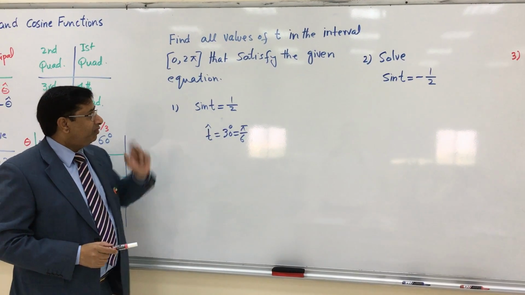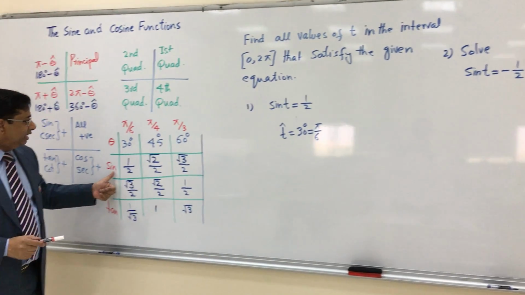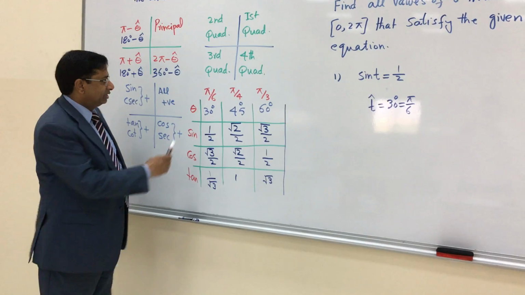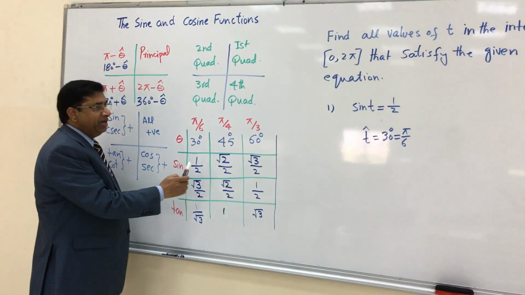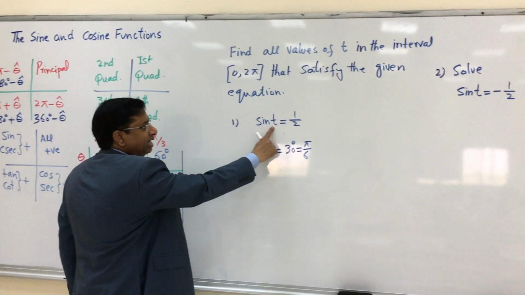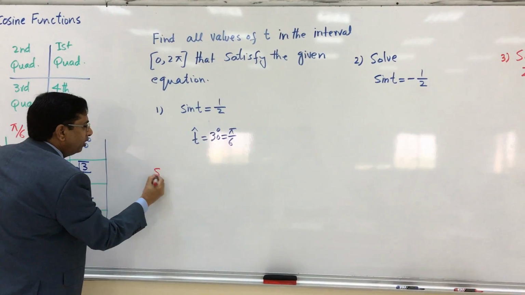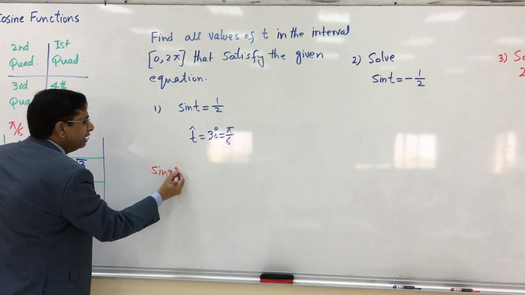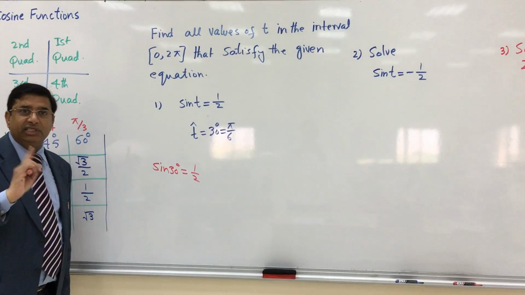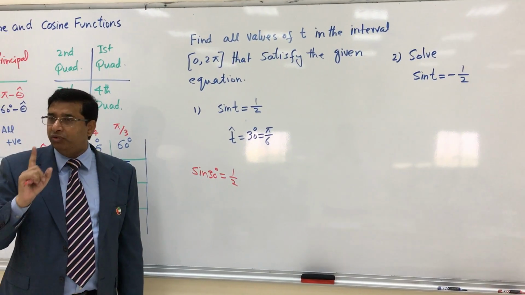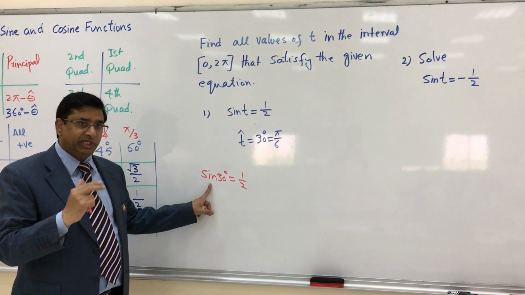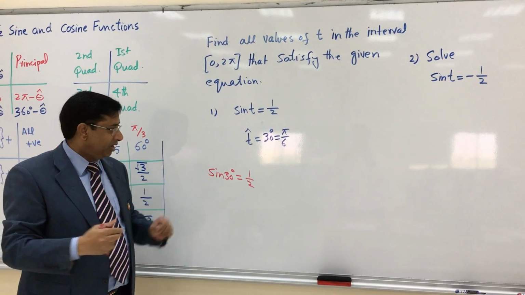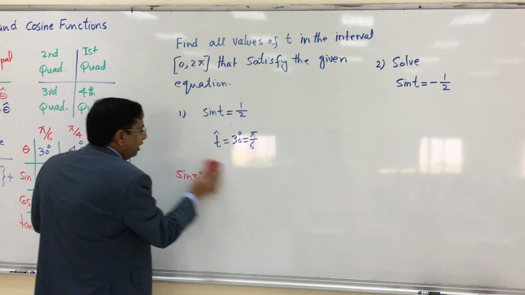First of all, if I look at this table, you can see sin 30 is half. It means if I replace this t by 30, sin 30 degree is equal to half. This is not the only value which can give you half for a sine function. There are some other values as well. So we look for them.